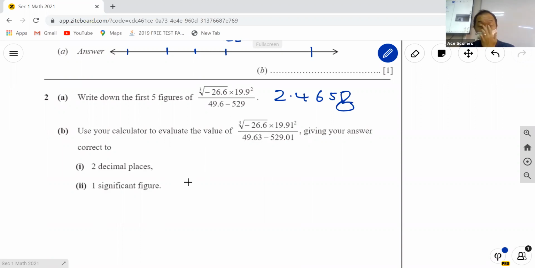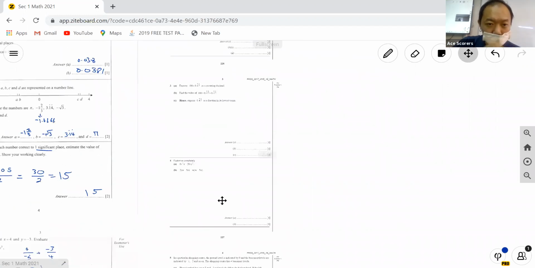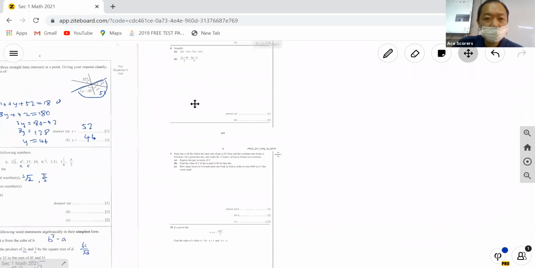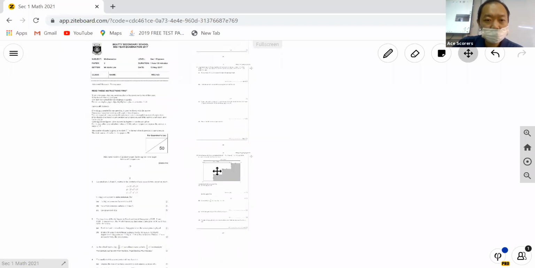Part B. It's all using a calculator. Okay, we're just going to take a look at the answer. Right, 2B. I have the answer.